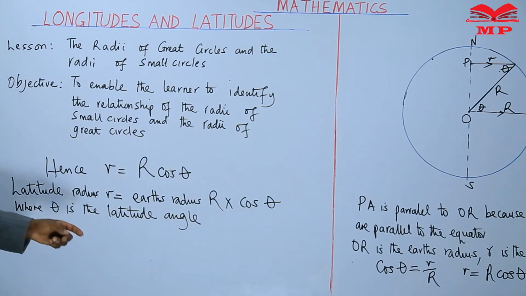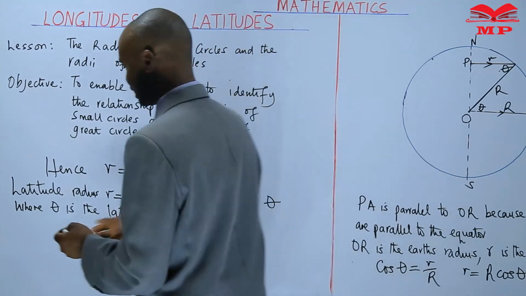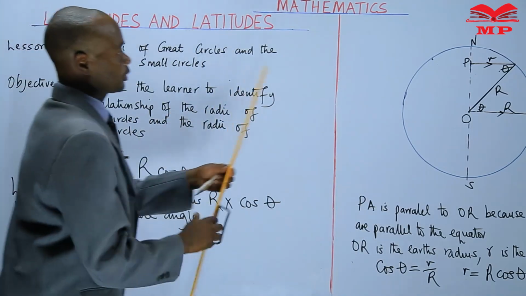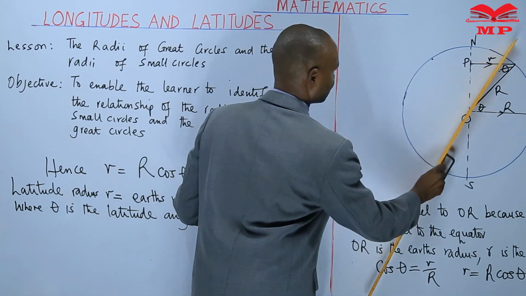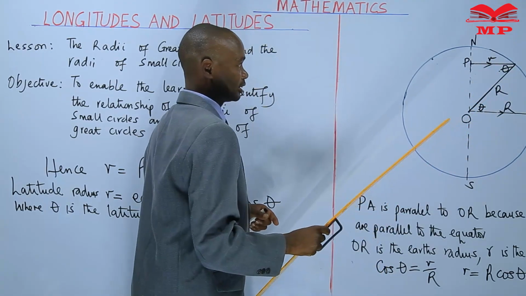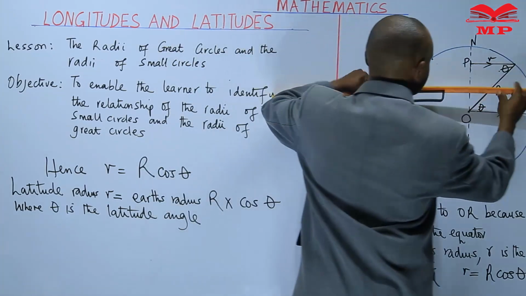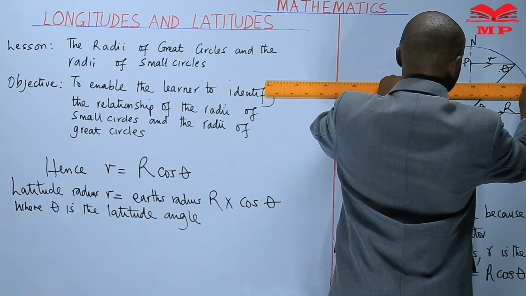So learner, note that you can talk of any angle. You can vary that angle as much as you want. Like if I vary that angle up to there, you'll find the angle could have increased more than theta. If I move here, the radius is a bit bigger.